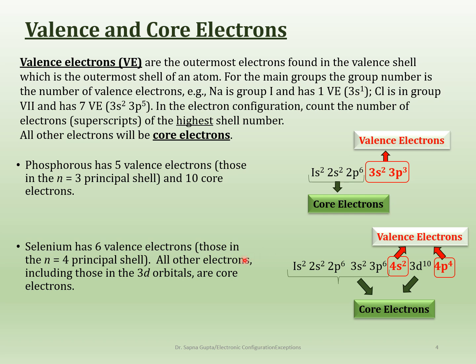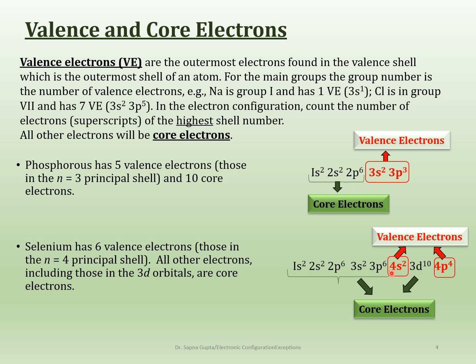Now you could have looked at selenium normally and said, okay, selenium is in group number 6, so it's going to have 6 valence electrons, and you would be fine. But I did want to go over the d electrons here with you, so you don't mistake them as part of your valence electrons. They're not. It's always the highest shell number.